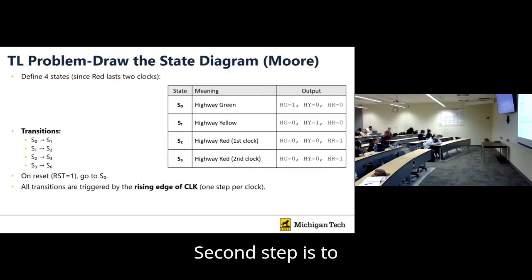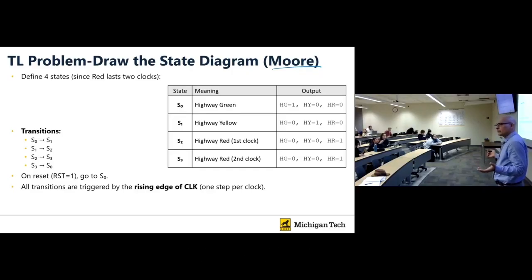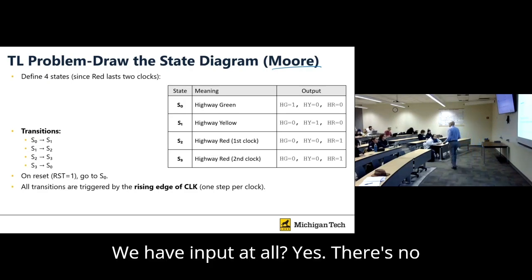The second step is to draw a state diagram. The state diagram here is more, it can be needed. Why not needed? Any idea? Do we have input at all?